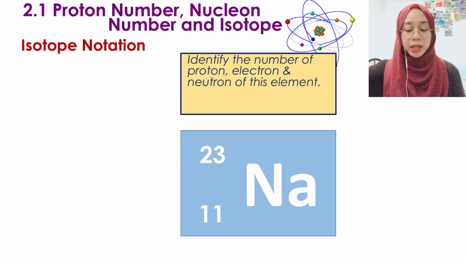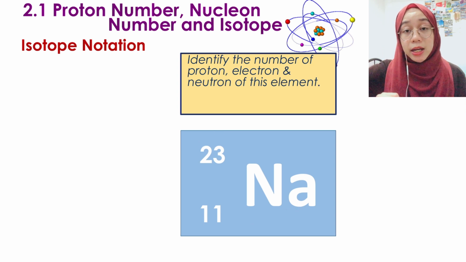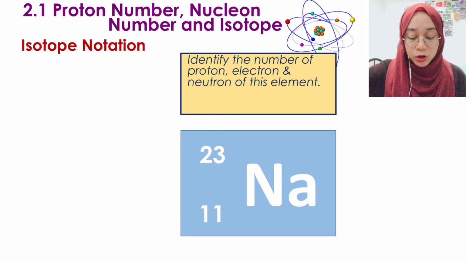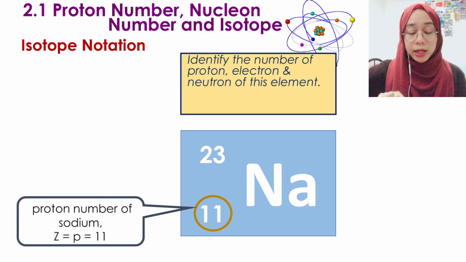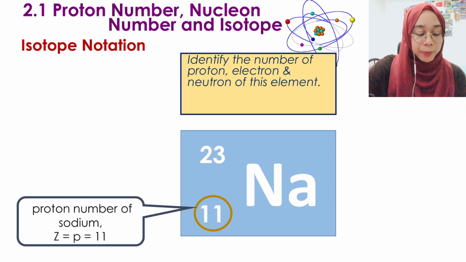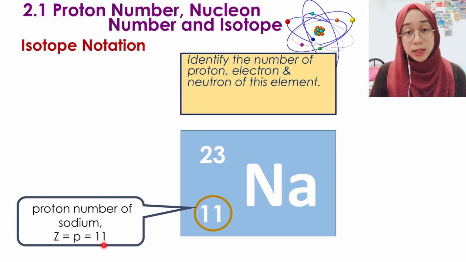From the information in our isotope notation of sodium, the easiest is to identify the proton number directly. We take the value at the bottom left, which is the proton number of sodium. For proton number we use the symbol Z, so Z equals P, which equals 11. That means we have 11 protons. As you can see, is there a charge? The top is empty, there is nothing. So there is no charge, which means if there are 11 protons, there are also 11 electrons.